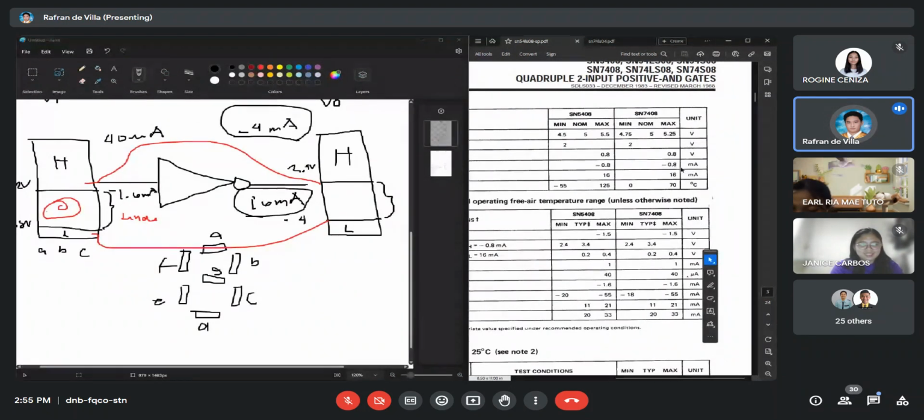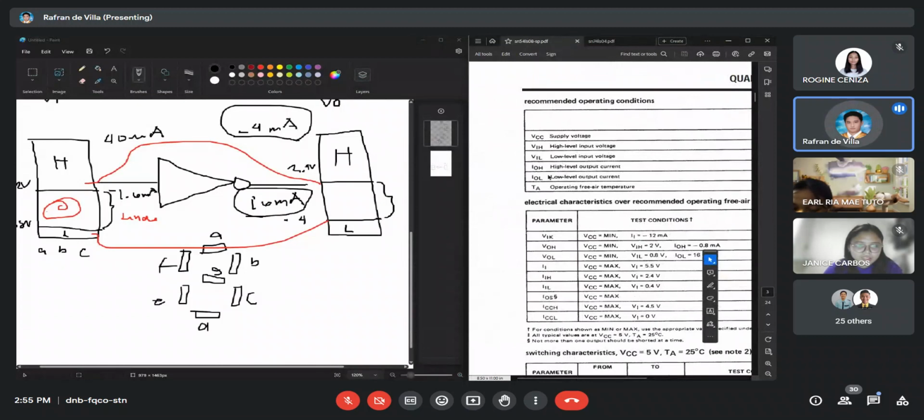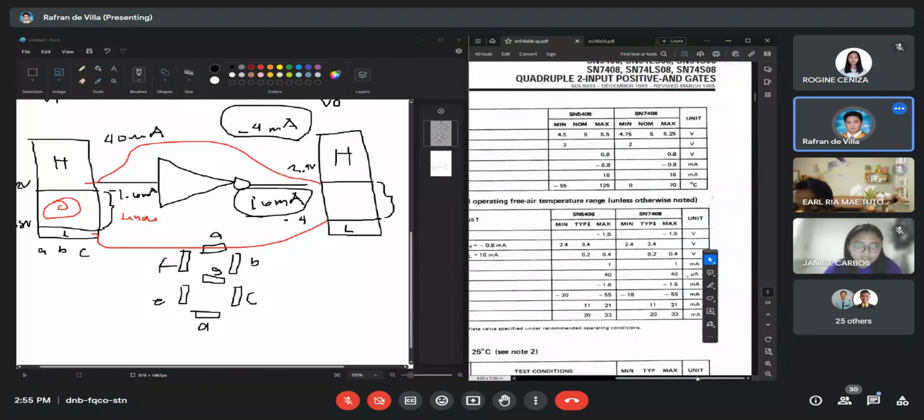As you can see, the current output high and current output low of the 7408 is also the same. The current output low is larger than the current output high. Okay?